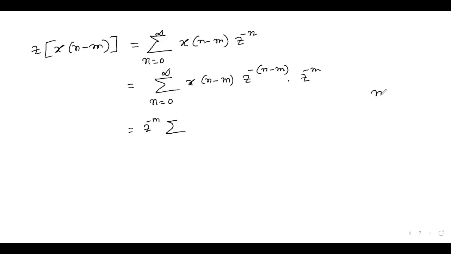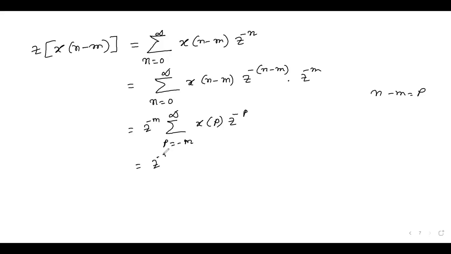So assume n minus m equal to p. So it will be x of p z to the power what? Minus p. So what will be the limit? What will the limit be? Infinity. When n equals 0, p equals minus m. Okay? So it will be minus m. Yes, sir. So what can we write this as?